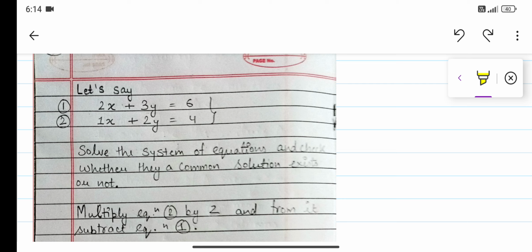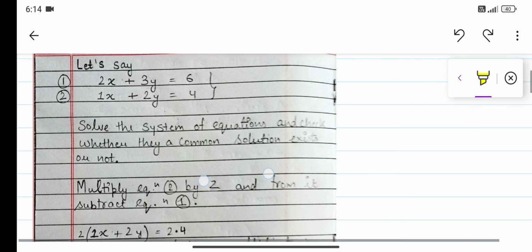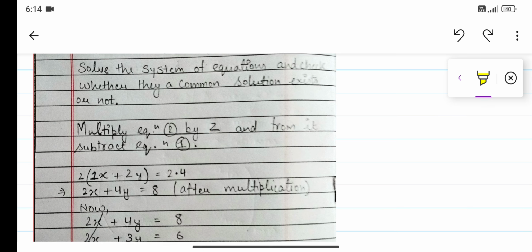And how are we going to do it? We will multiply the second equation, that is x plus 2y equals 4, by 2. So we will get 2x plus 4y equals 8, right? That is what we got after multiplying equation 2 by 2.